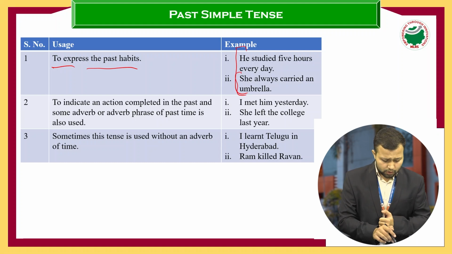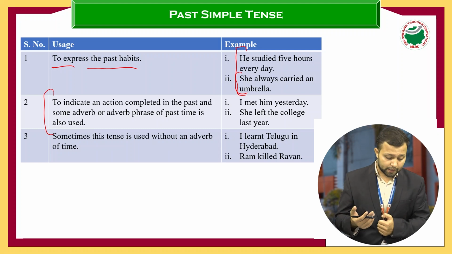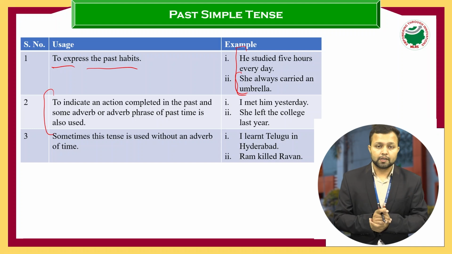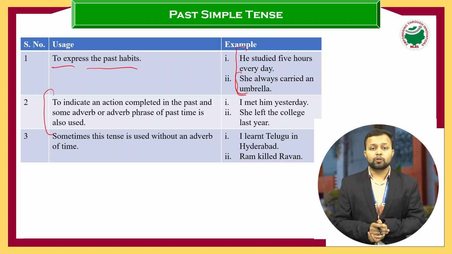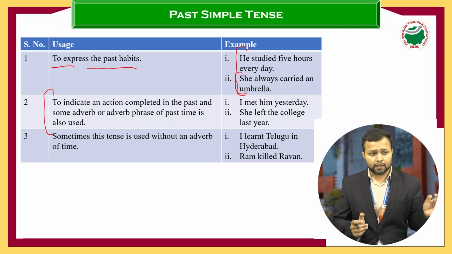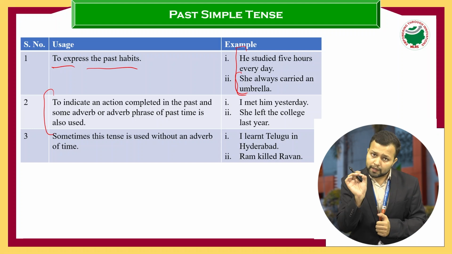Her habit. So moving on to the next rule, to indicate an action completed in the past, where an adverb or adverb phrase of past time is given. I have told you this while telling you present perfect tense. The thing that differentiates present perfect and past simple tense is time.